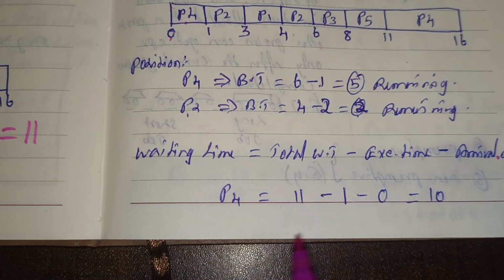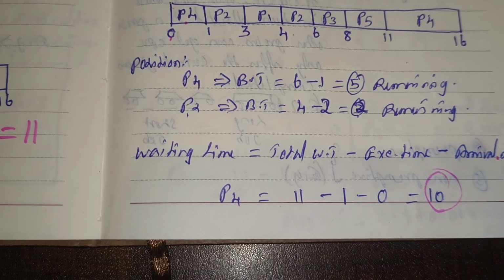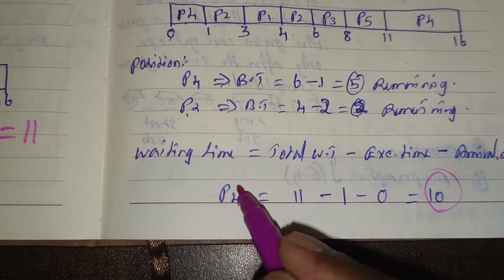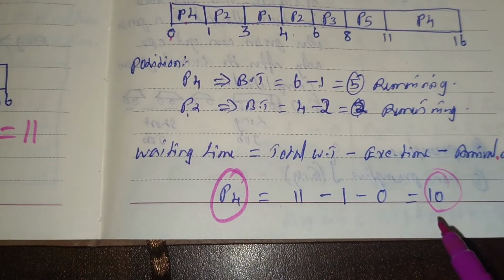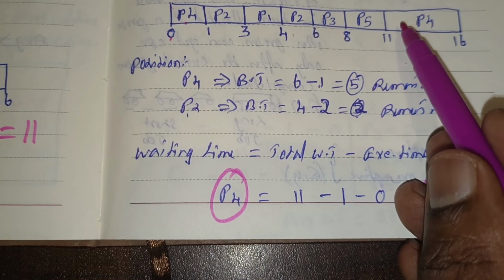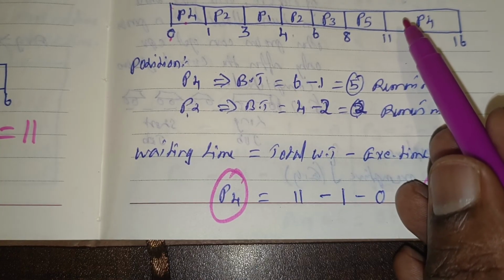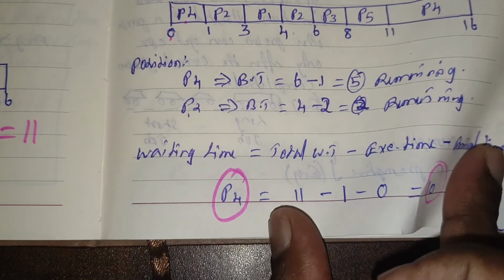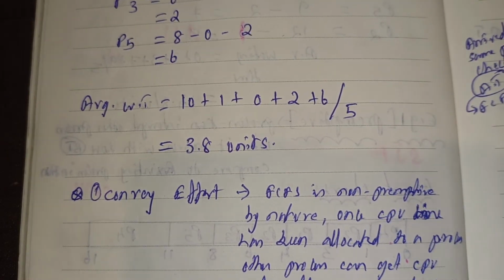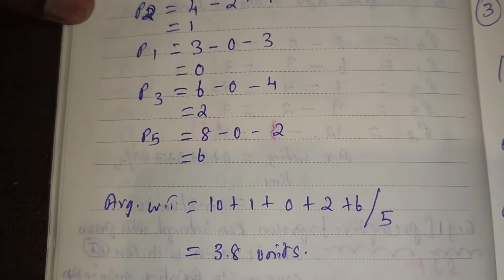So what is the answer? 11 minus 1 minus 0, that is 10. So the waiting time for this particular P4 is 10 units, waiting to start the next time interval to complete the burst time, right? I hope you understand how exactly it is working.